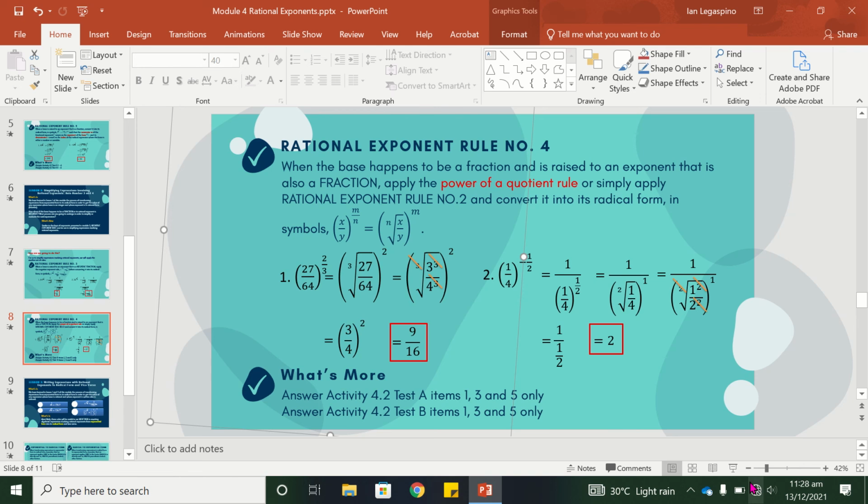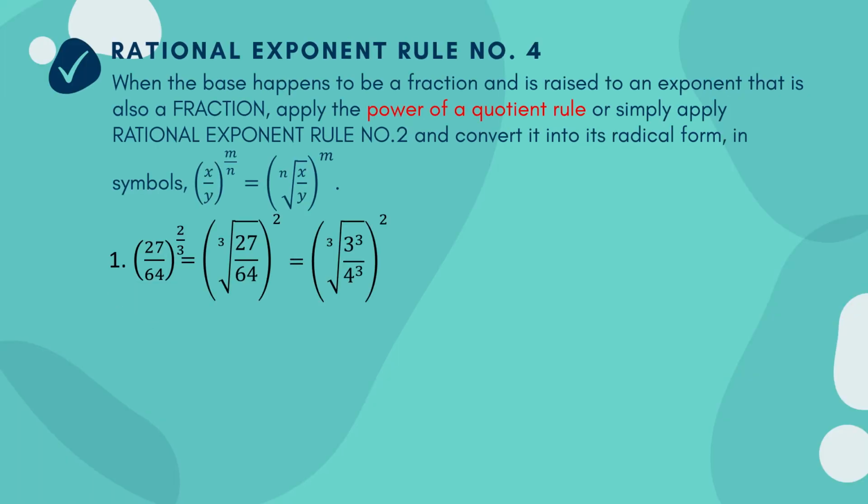Okay, going back. So that would be the correct one. 27 over 64 as a base should be enclosed inside the parentheses so that it is not misinterpreted.